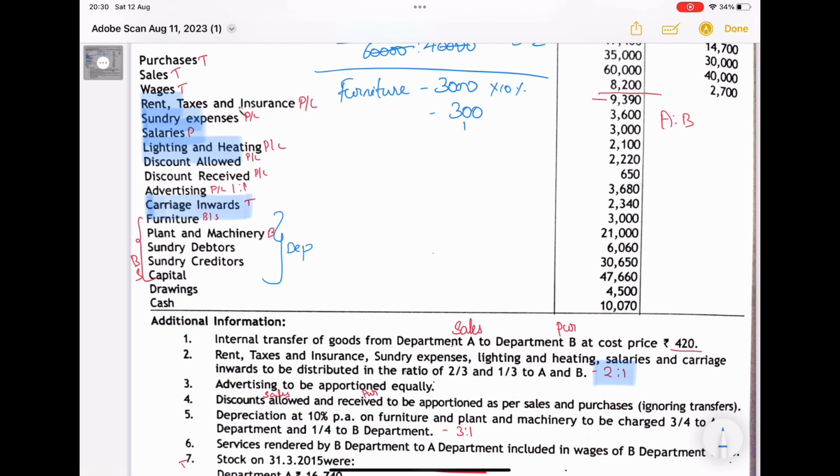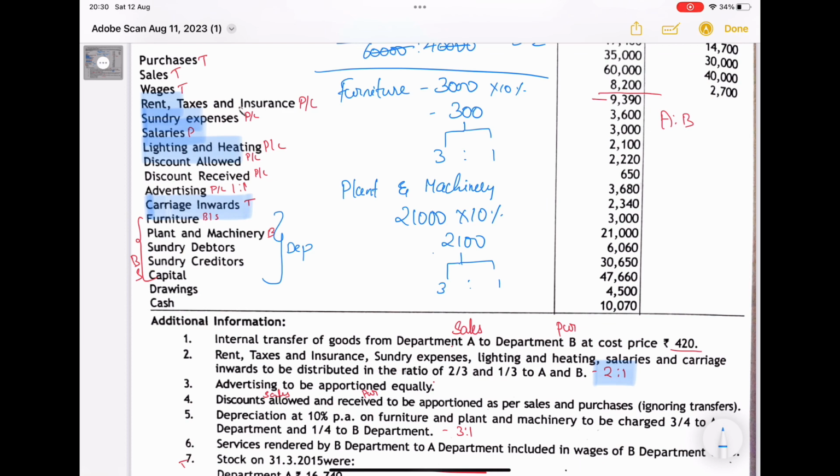This 300 will be divided in the ratio they have given, 3:1. Here only they have mentioned it, right? Next, plant and machinery. The value of plant and machinery is 21,000. 21,000 into 10%, 2,100, in the ratio of 3:1.